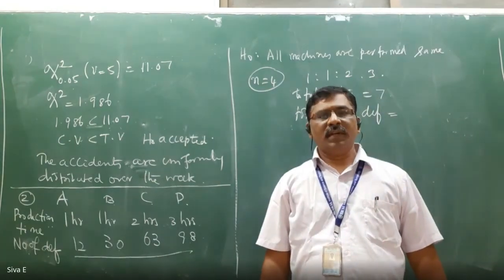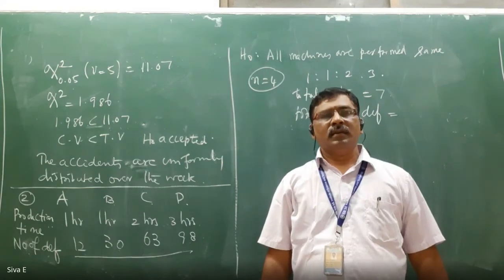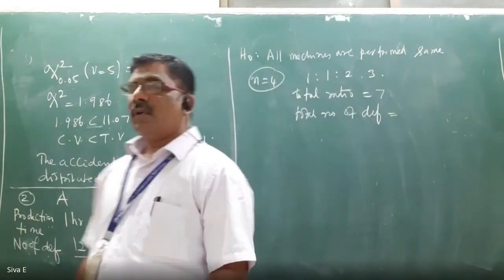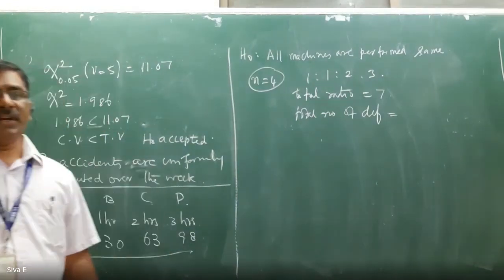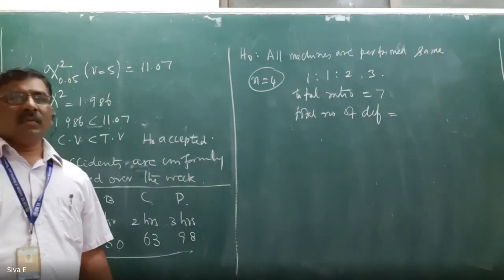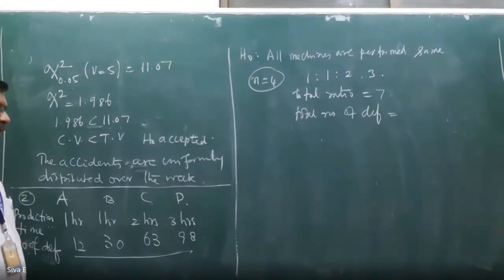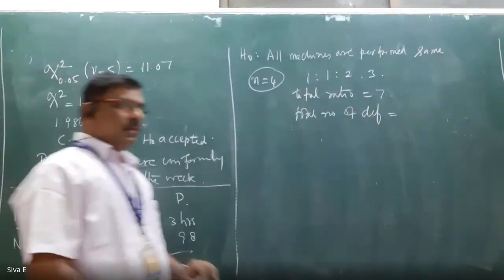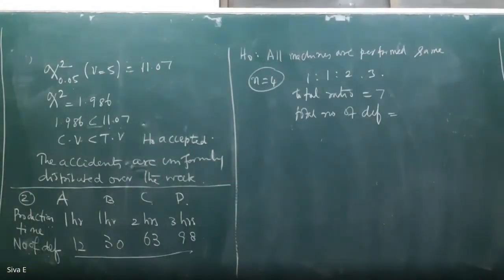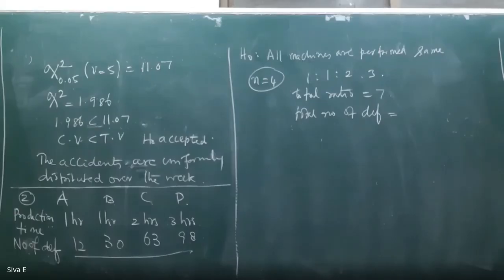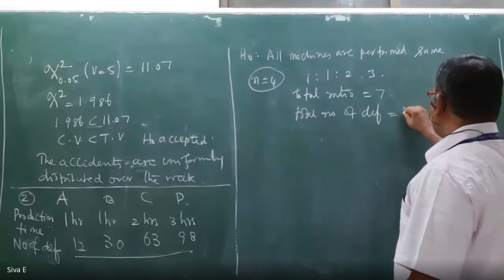What is the total number? 203. So total number of defectives are 203.